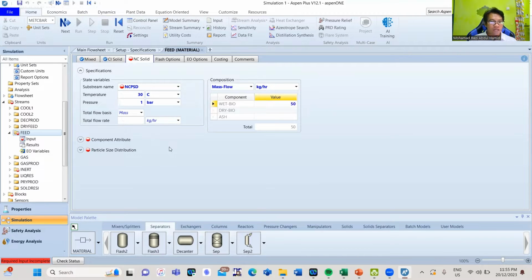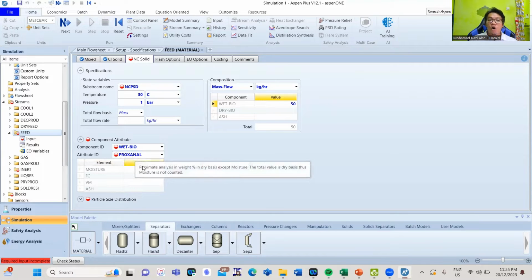Now it's done. Technically it's not done. As you can see, you have this thing. You expand it, and you need to provide the proximate analysis of the wet biomass, because the material going into a dryer is wet biomass.